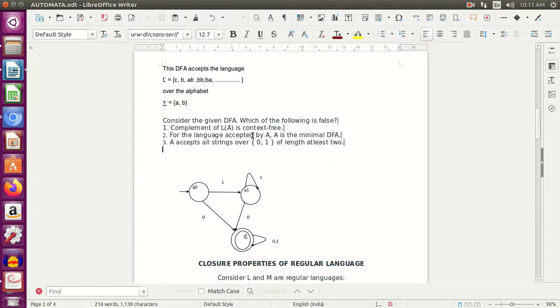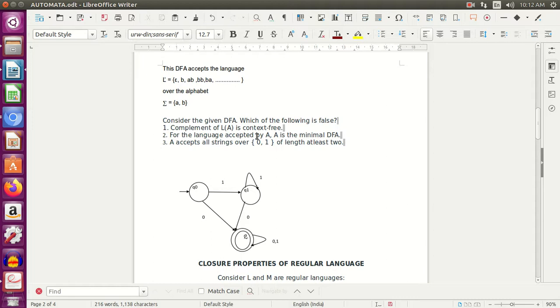Even if you go to option 1, you already know that we can complement a DFA, and if we can complement a DFA and get another DFA, then a DFA is something which is for a regular language, right? What we have learned till now is that a DFA is for a regular language. So why should it be context free?